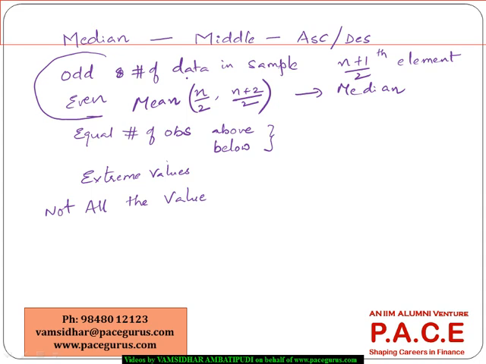Right? Now, the third important tool that I am looking at as a measure of central tendency is the mode, where we talk about the most frequently occurring value in a distribution. So there could be a possibility for any distribution that there is no mode, meaning all the values are coming only once.